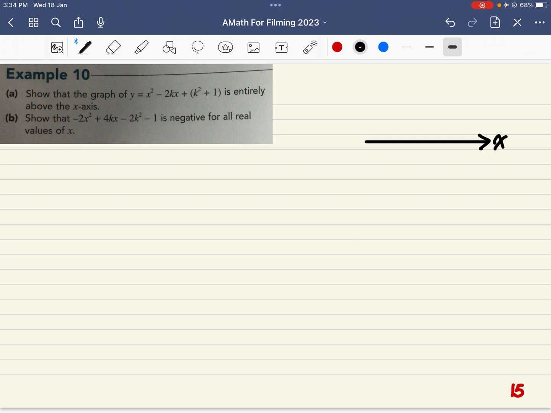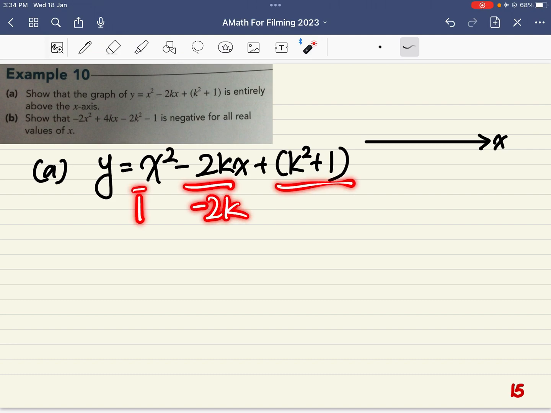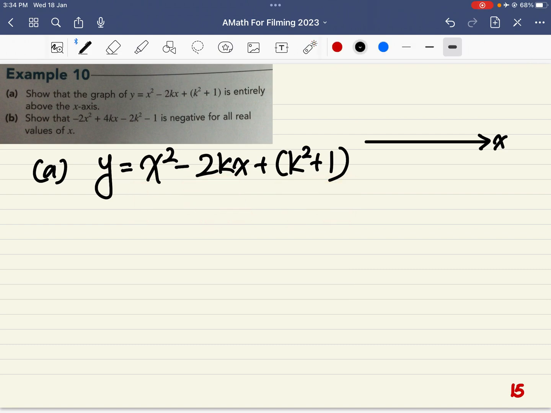Example 10, the last example for today: show that the graph of y equals x squared minus 2kx plus k squared plus 1 is entirely above the x-axis. So y equals x squared minus 2kx plus k squared plus 1. My a value is 1, my b value is negative 2k, my c value is k squared plus 1.